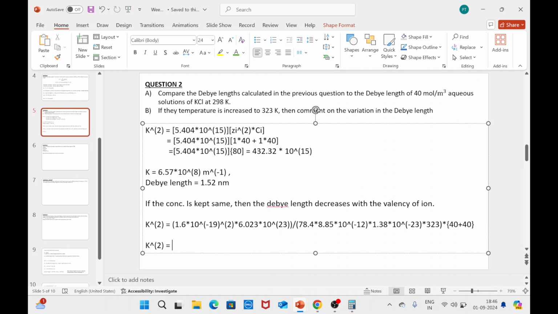Let me type it here. You just let me know whether it is correct or not.